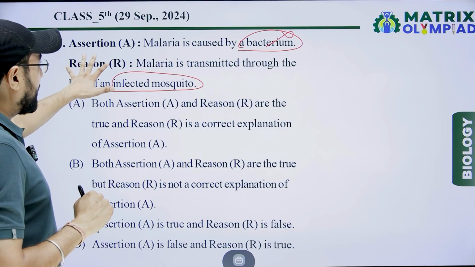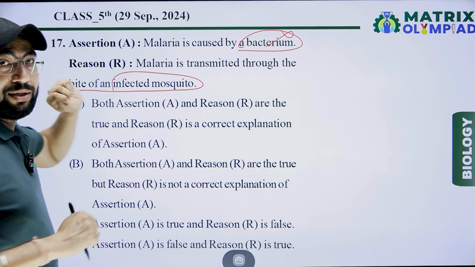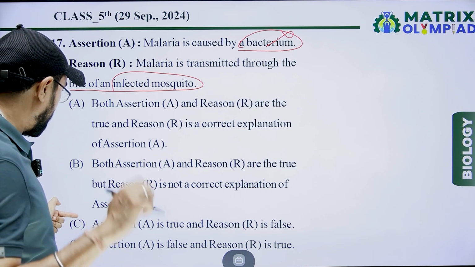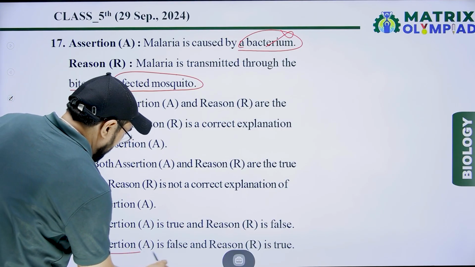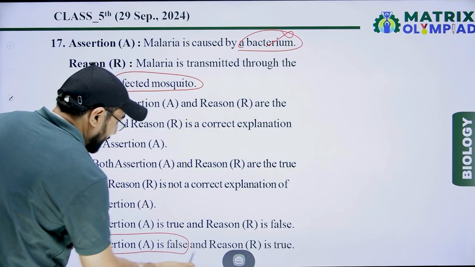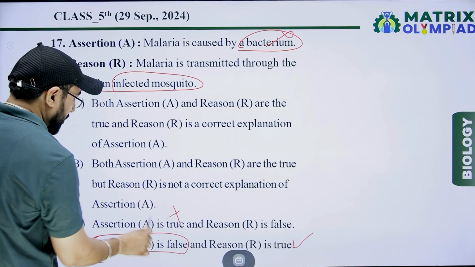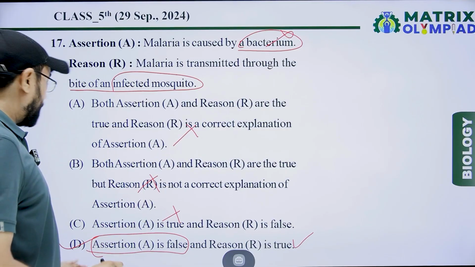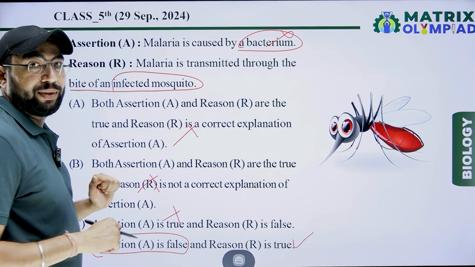So assertion A is wrong and reason R is true. According to the options, last, D: assertion A is false and reason R is true. So option D is the correct option for this question.